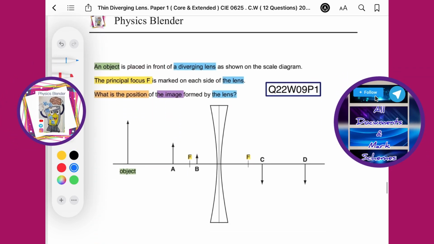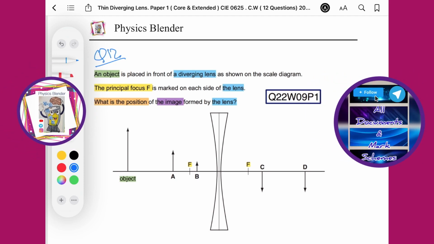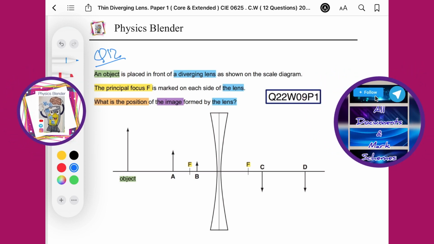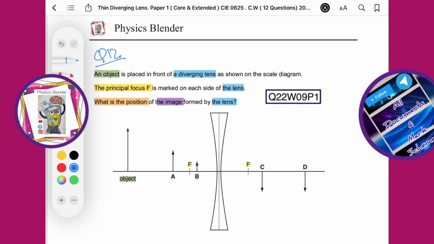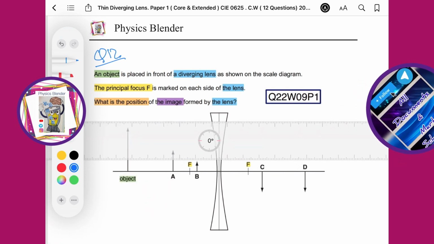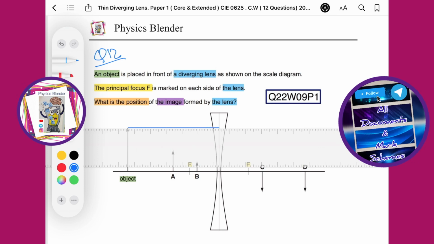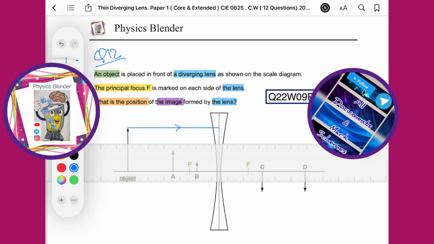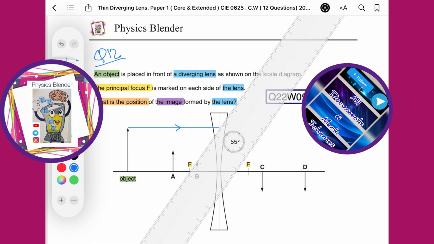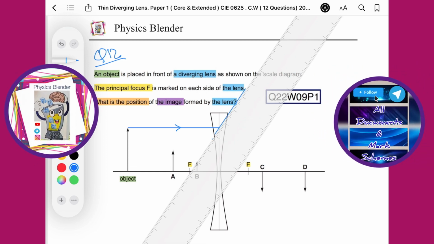The last question we have is question 12. We have an object and the principal focus is shown, and you have to find the position of the image. Let's draw. The first ray, parallel to the principal axis, will diverge, and its extension will pass through the focus.